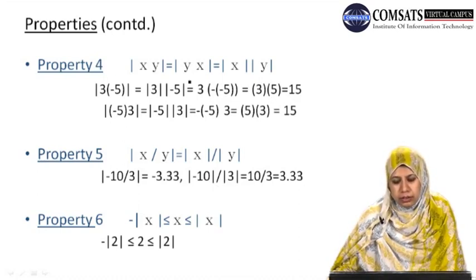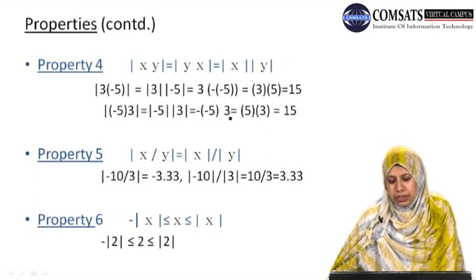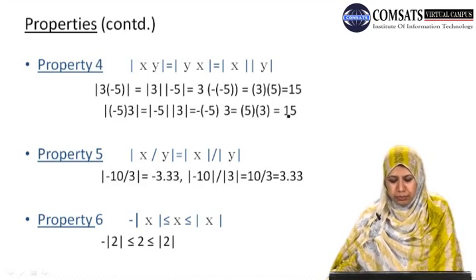And by calculating the absolute value of yx, we have the absolute value of minus 5 times 3, which is the absolute value of minus 15, which is again 15.